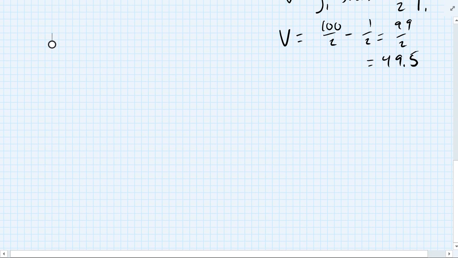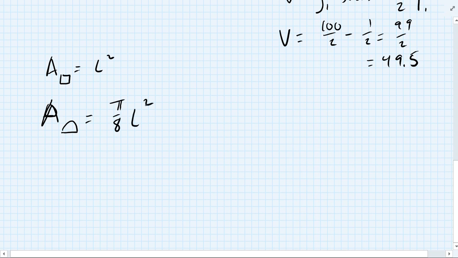What's the only thing that's going to change if I change the cross sections to semicircles? The coefficient. For the area of a square, it was L squared. For the area of a semicircle, it is pi over 8 L squared.